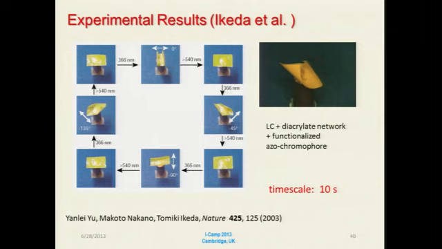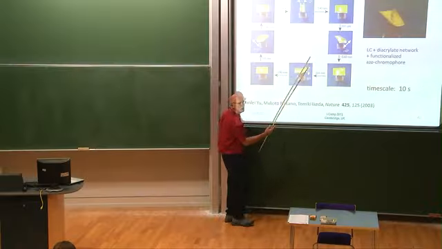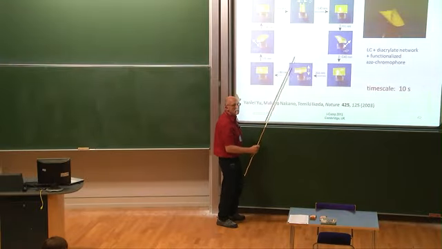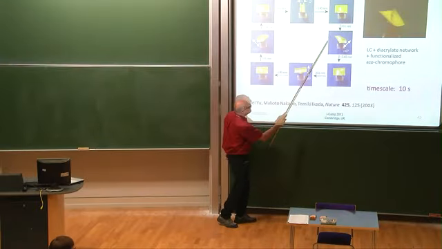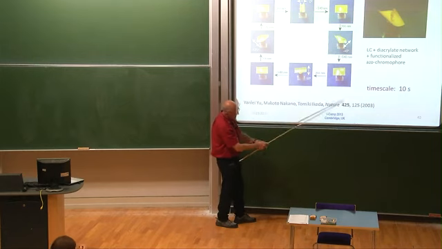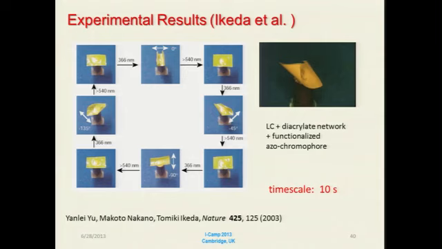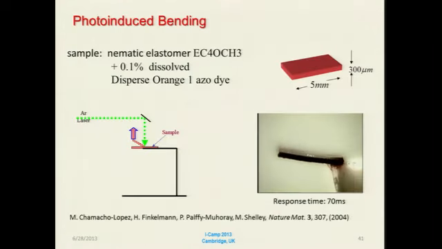This is because it's a polydomain material, so the domains where the director and the dye absorption moment is in this direction will contract, the others much less so, and you get this kind of curling up. And then you can unfurl the material by irradiating it with visible light, which drives the cis-trans transition. So this is really beautiful results.